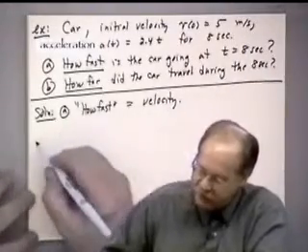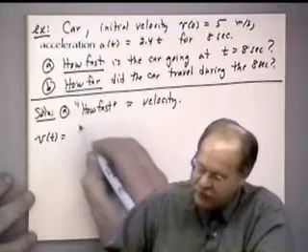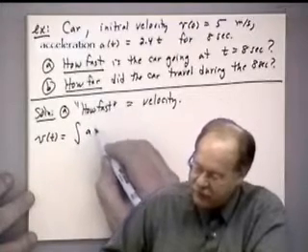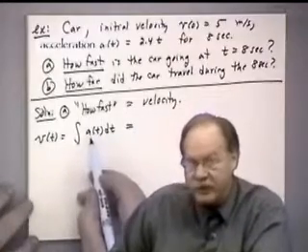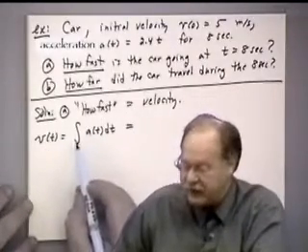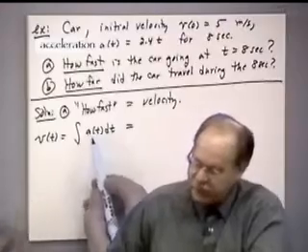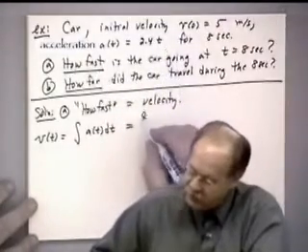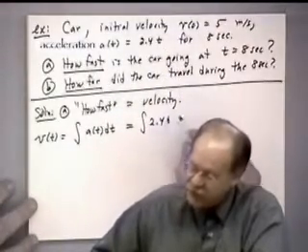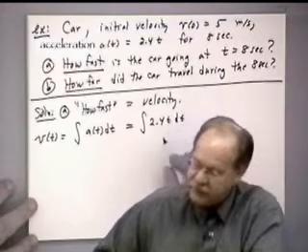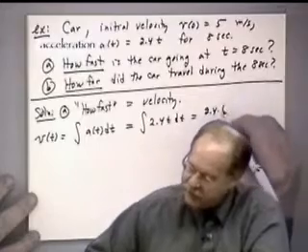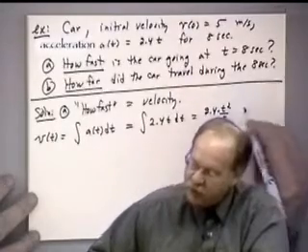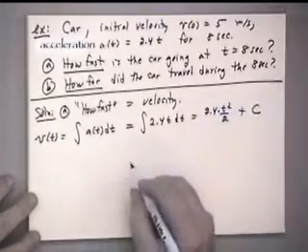Velocity is the indefinite integral of the acceleration, because the acceleration is the derivative of the velocity, and the indefinite integral just undoes that. The acceleration is given to us. It's right here. So this is the integral of 2.4 t dt. And if I do the integration, it's 2.4, the constant stays, t squared over 2 plus constant c.